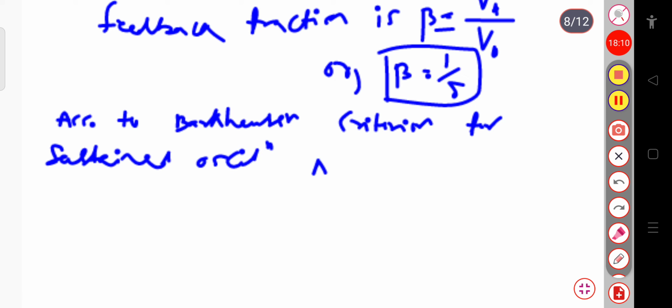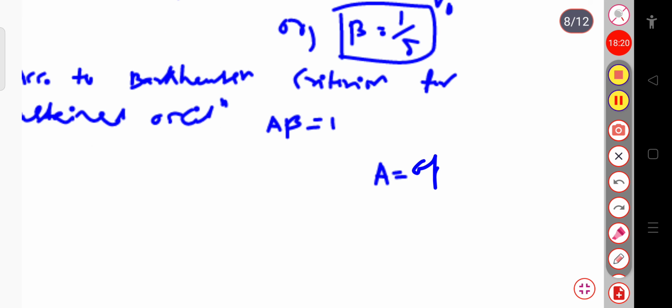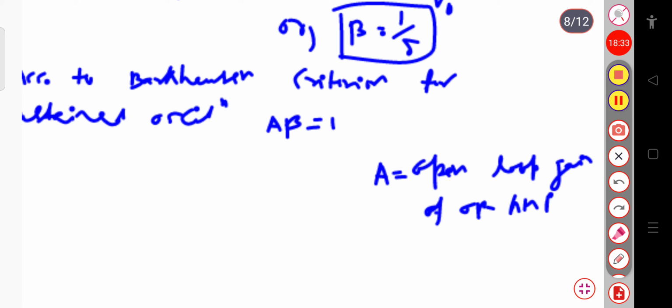A is the voltage gain, the open loop voltage gain of the op-amp, and beta is the feedback fraction. So for that case A will be delta, because beta equals 1 by delta, that is, the voltage gain equals delta.